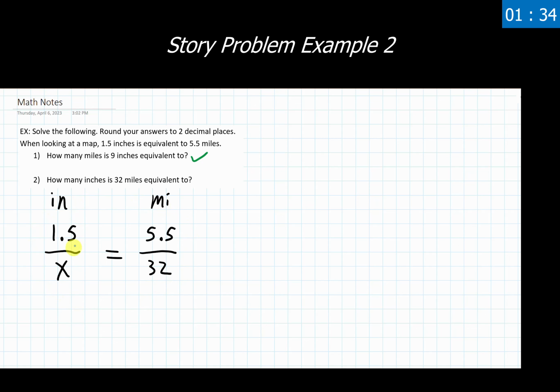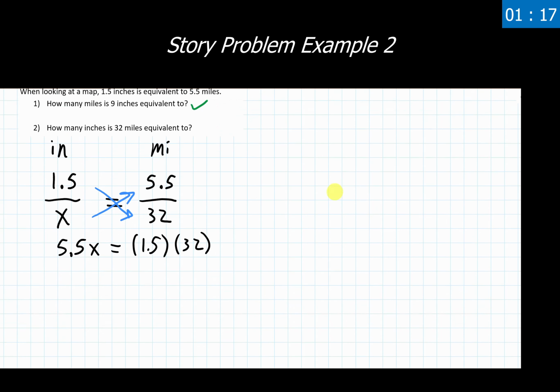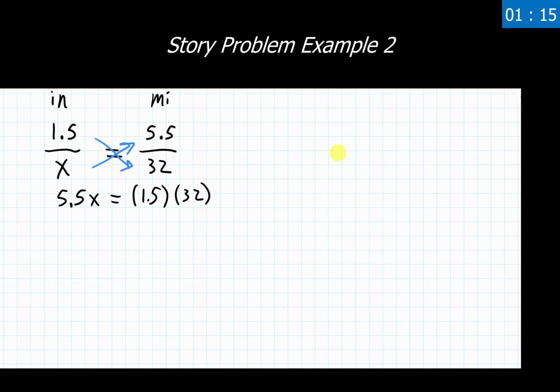I have a fraction equals a fraction, and I can go through and do cross multiplication to get to my final answer. So after doing that, I get 5.5x is equal to 1.5 times 32. And again, I'm doing these calculations off screen with a calculator; you're welcome to use that as well.